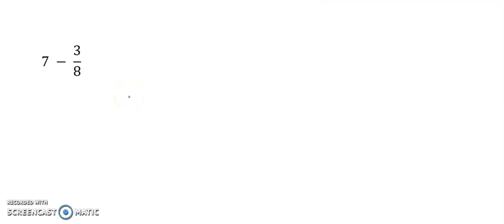All right. So let us look at another question. Let us look at a question like this. This one is a little bit tricky. 7 minus 3/8. So this is an example where we're taking a fraction away from a whole number. Now what can we do? Because this one does not have a denominator that we are comparing. But what we can do, we can think about 7 as being a 6 and a 1, can't we?